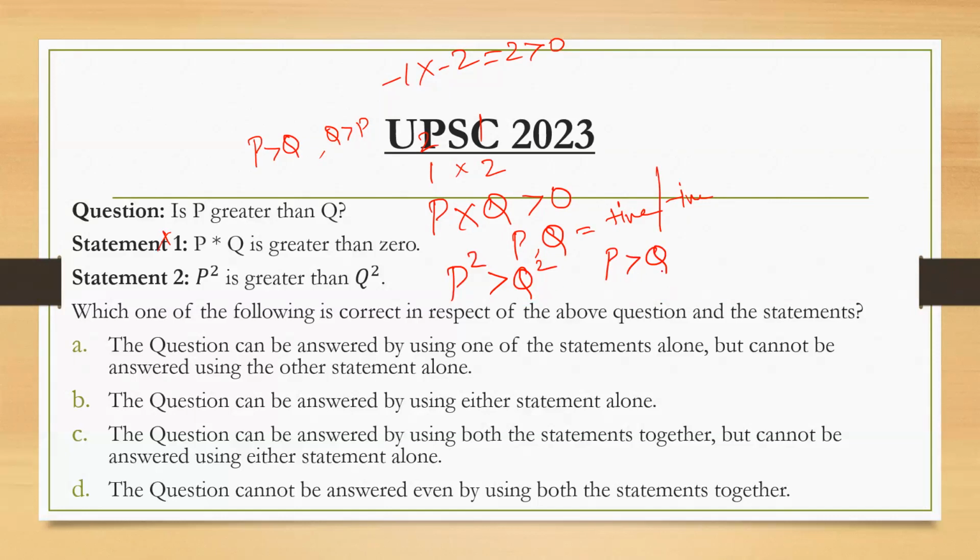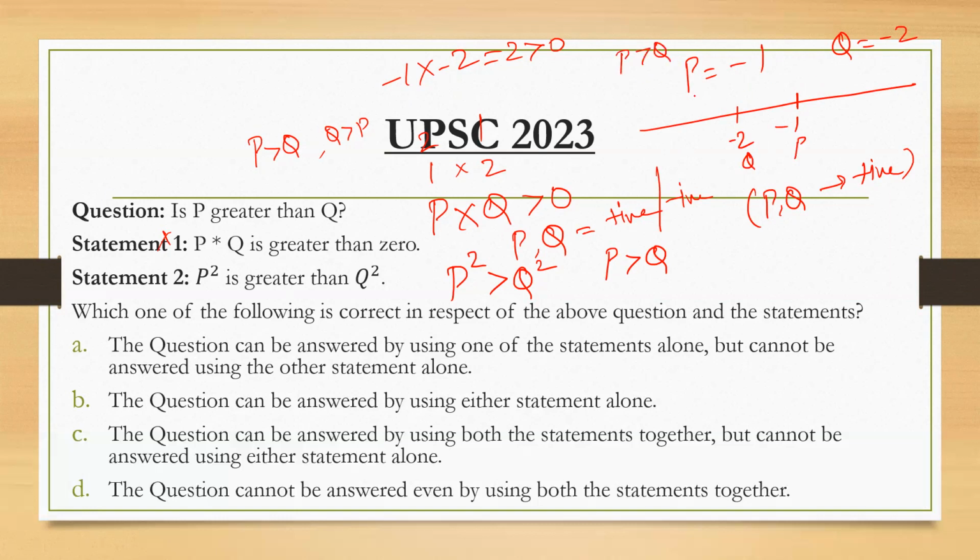Here you can write P is greater than Q if both P and Q are positive numbers. But if both are negative, for example, let's say P is equal to minus 1, Q is minus 2. When we plot it on the number line, this is minus 1, minus 2. This is P, this is Q. So here we can clearly see P is greater than Q.